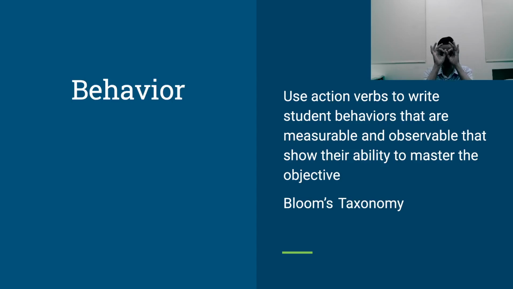Can you observe learning? Not directly. Maybe indirectly you can prove it, but then use the word that actually shows what they're doing. And that's why we're going to use Bloom's taxonomy, because from the different levels of Bloom's taxonomy, we can get some really good action verbs that match that particular level.